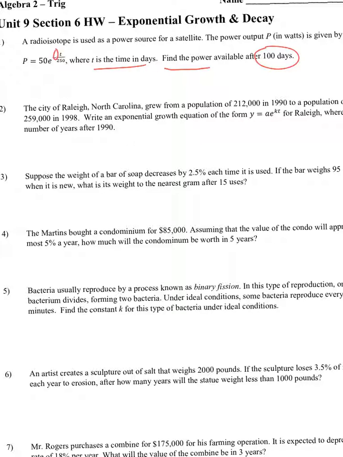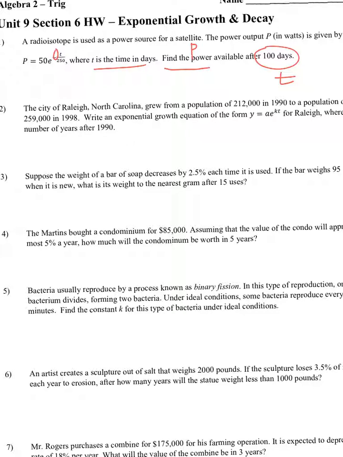So you've got to think about what information you're given. You're given the amount of days, which in this case we know what t is, the time. We're trying to find the power, which is P in the equation. All we really need to do for this one is not going to involve any type of logarithm. In this case, we're dealing with base e, but we're not trying to solve for a variable that's up in an exponent.